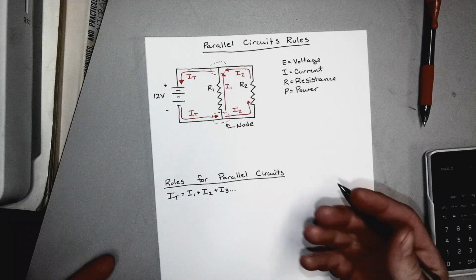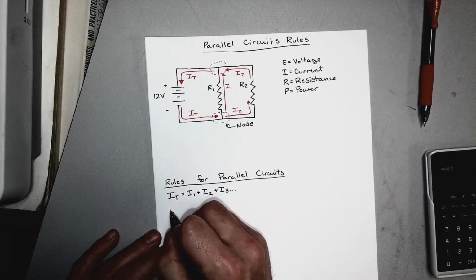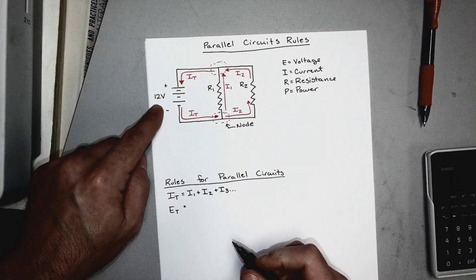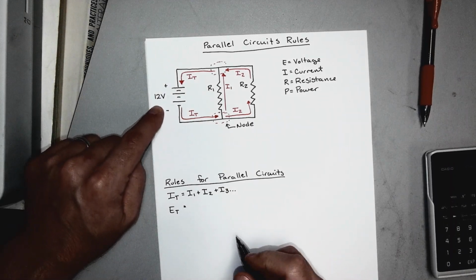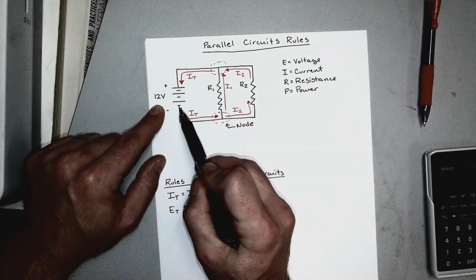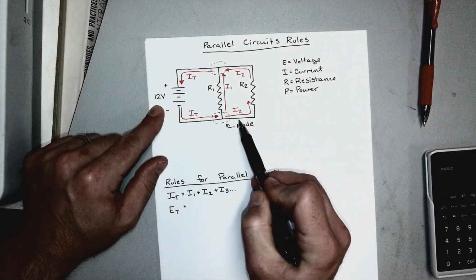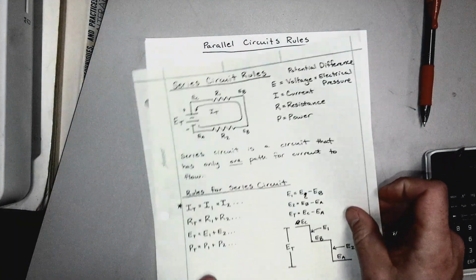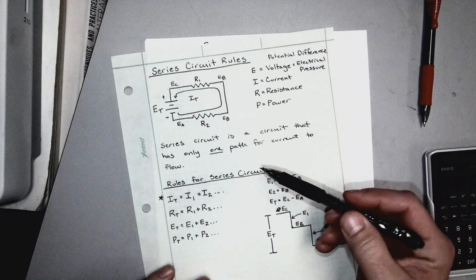Now to voltage, let's kind of segue to that one real quick. So voltage, again, ET is going to be whatever the applied voltage is, or the battery voltage. And if we look at this conductor right here, remember we talked about having points of potential. I'll go back to this little drawing right here.